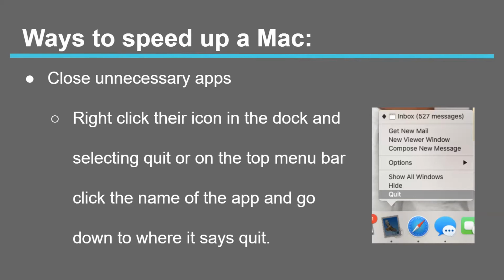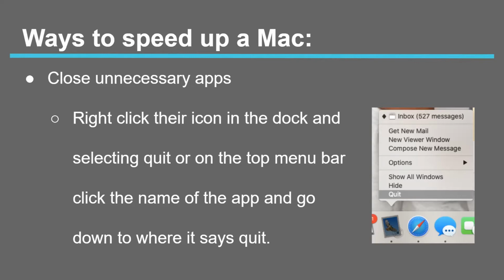Maybe you have 3 different web browsers open, you have Facebook open, you've got iMessage, you've got, I don't know, Minesweeper, and you've got your Word open as well. You've got a bunch of different programs open. All of that is going to eat up basically CPU on your computer.